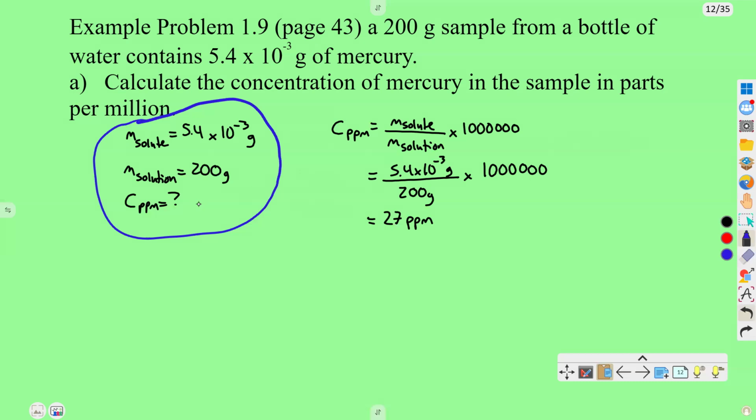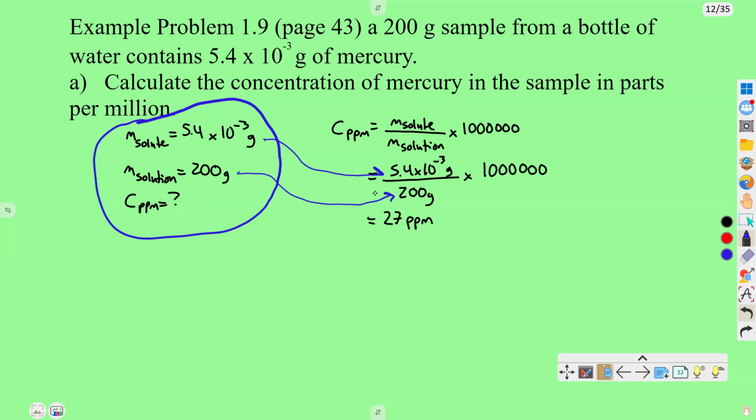Once you've identified that, you go to page 10 in your data booklet and find the right formula. This is our second step. The third step is putting in the values. The mass of the solute goes up to the top and the mass of the solution goes to the bottom.